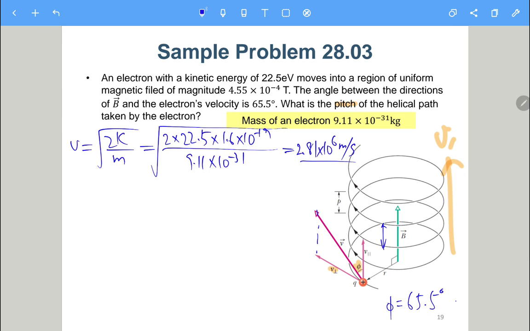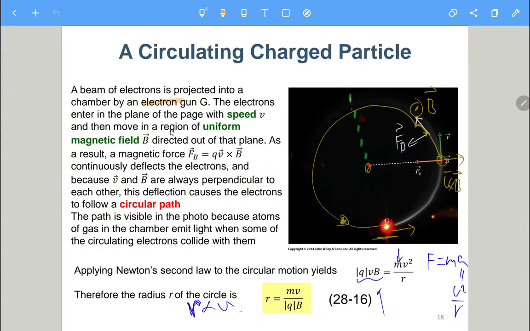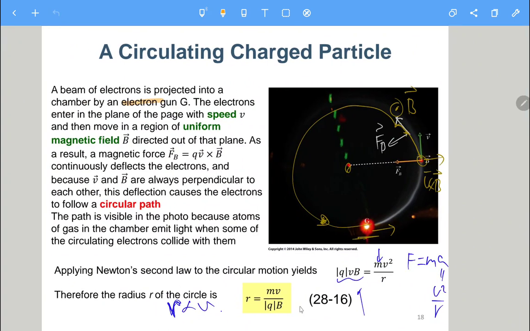Actually, the pitch will be V parallel times the period of the circular motion. Just now we know that R equals mv over qB.